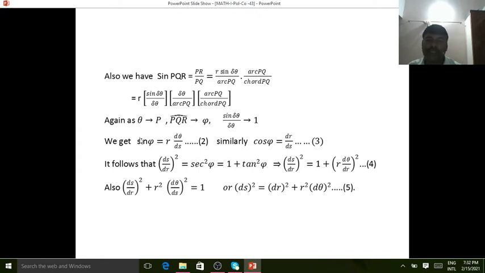So we get sin phi is equal to r into d theta by ds. This is equation number 2. Similarly, cos phi is equal to dr by ds. This is equation number 3.